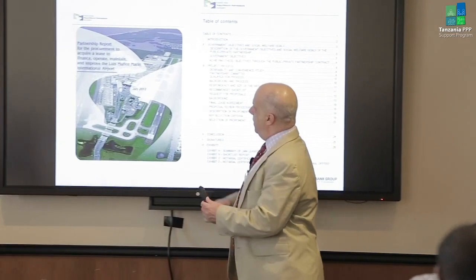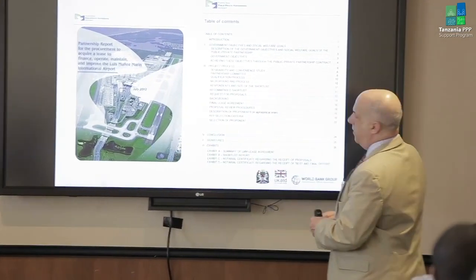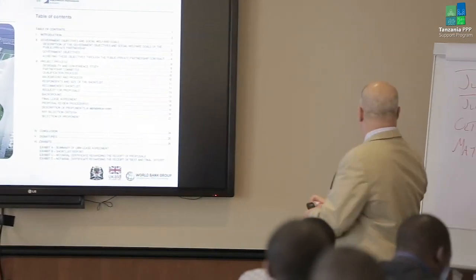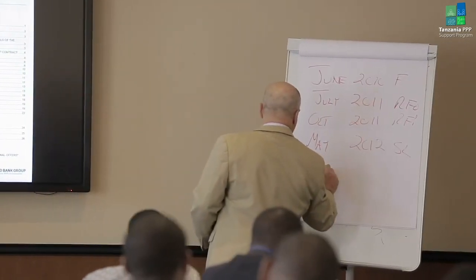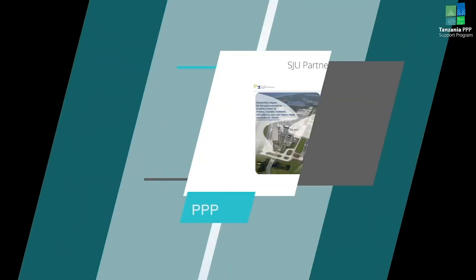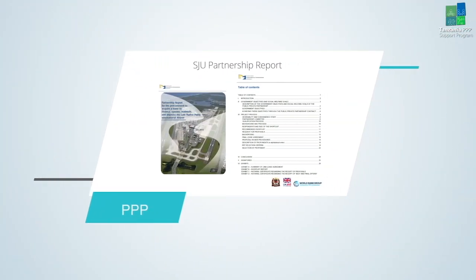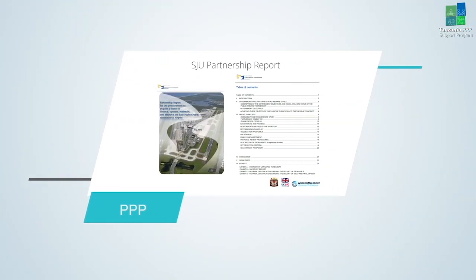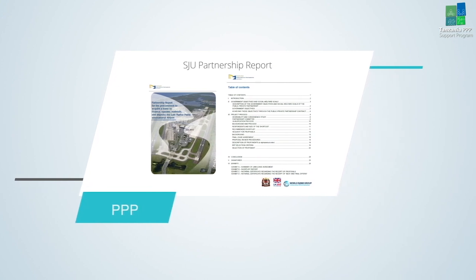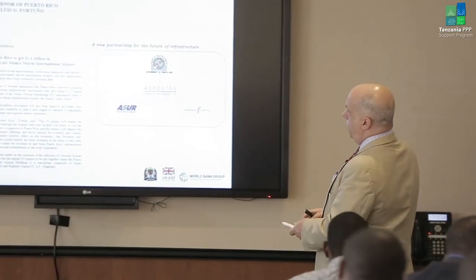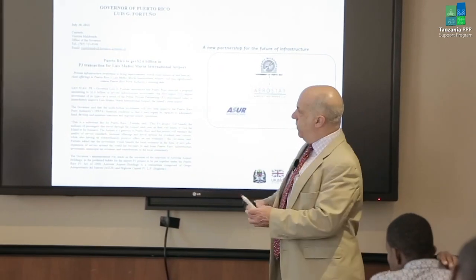In July 2012, they made their decision. The PPP unit issued a report on how they arrived at their decision, all the work that went into it, all the approvals that had been obtained. And they announced it, and it went to Aerostar.